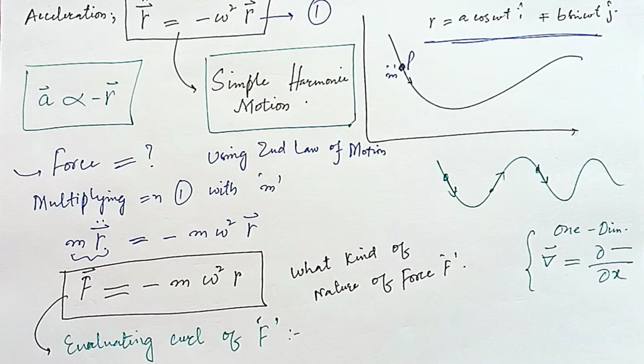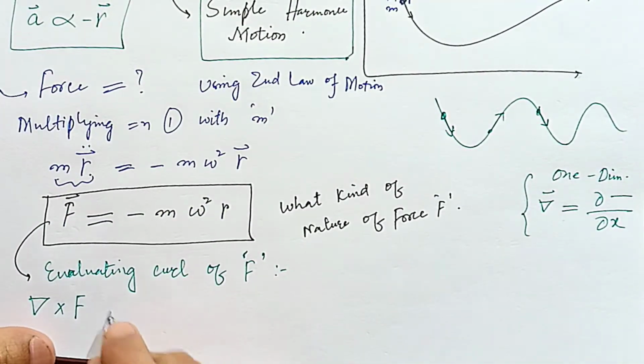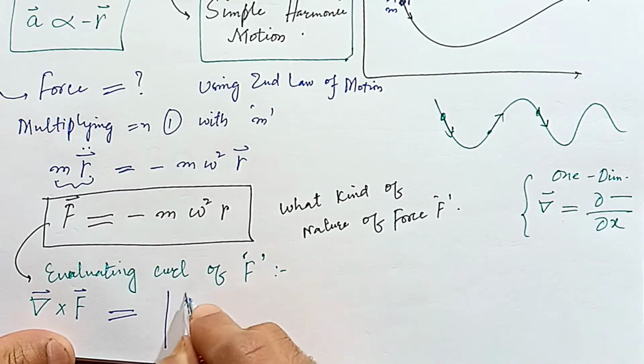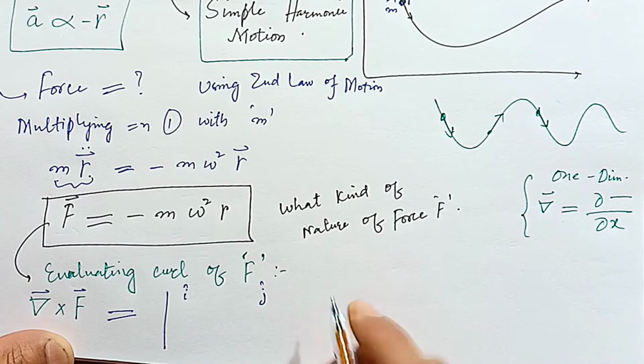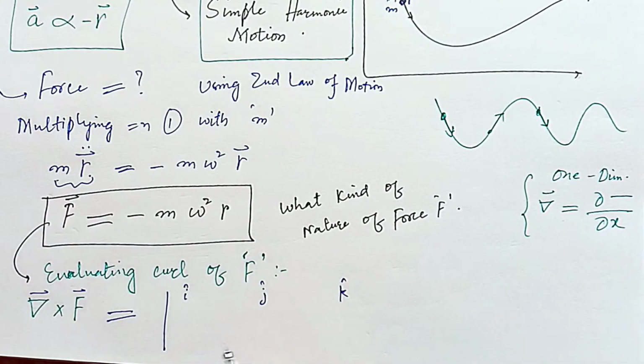And here we have the three-dimensional case, and the curl in three dimensions is given by, these are vectors, i along the x-axis, j along the y-axis, and k along the z-axis.